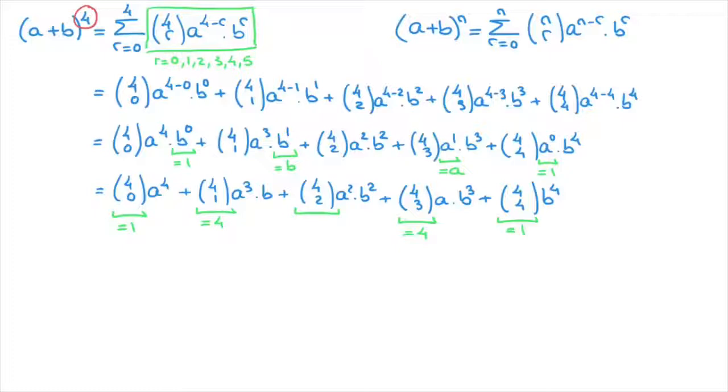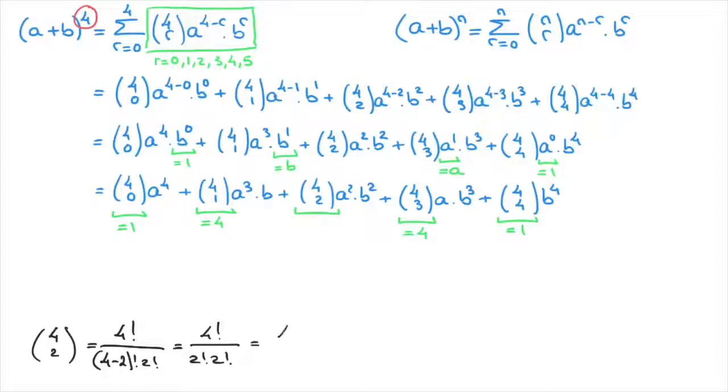And I'll go ahead and do that in the lower left-hand corner of this page. So (4 choose 2) will equal factorial 4 over factorial 4 minus 2 times factorial 2. And that will equal factorial 4 over factorial 2 times factorial 2.